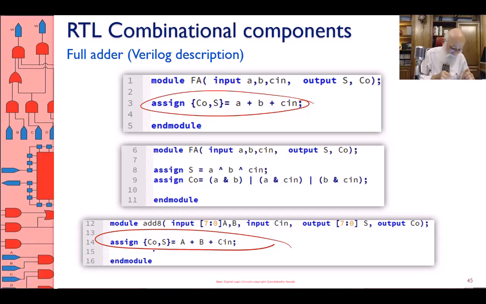On the left, this is a 1-bit vector, this is an 8-bit vector. The 8-bit vector and the 1-bit vector concatenated together form a 9-bit vector, and therefore the final carry will be captured by the leftmost bit being carried out, and therefore this is a good 8-bit adder. No need to instantiate 8 full adders.